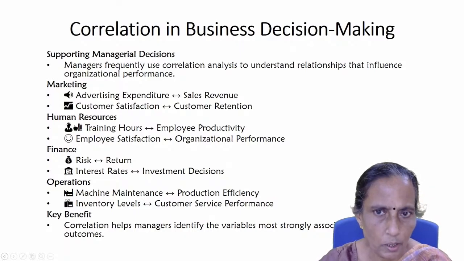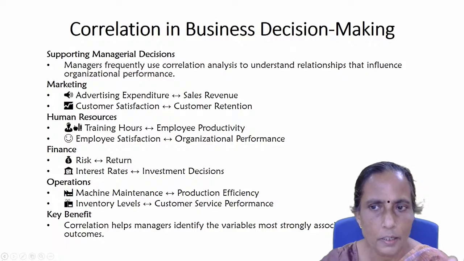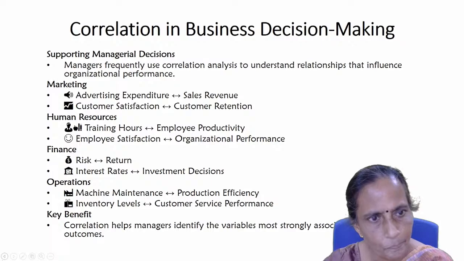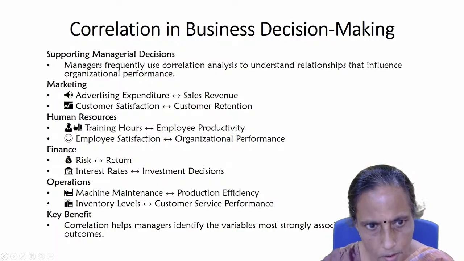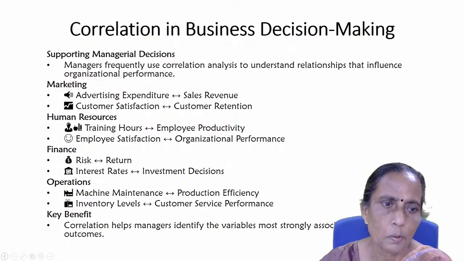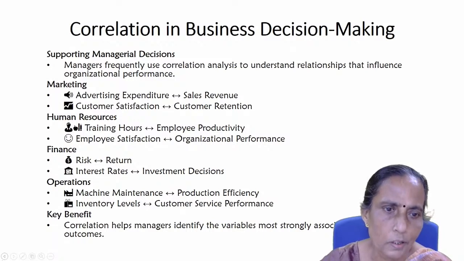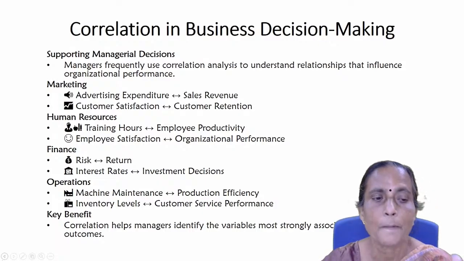Managers frequently use correlation analysis to understand relationships that influence organizational performance. Advertising expenditure, sales revenue, customer satisfaction, and customer retention. Similarly, in human resources: training hours and employee productivity, employee satisfaction and organizational performance.